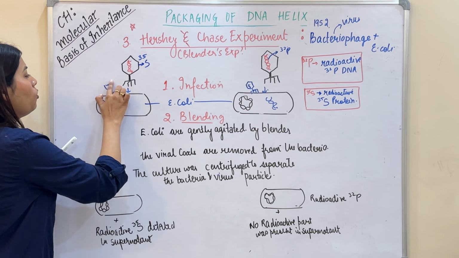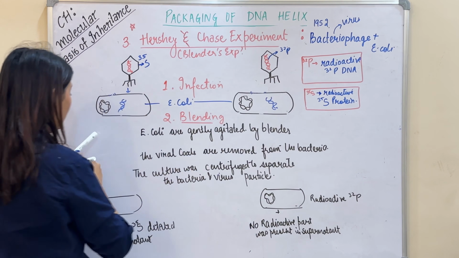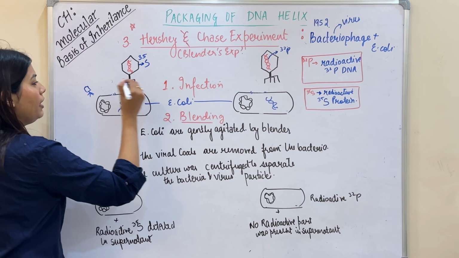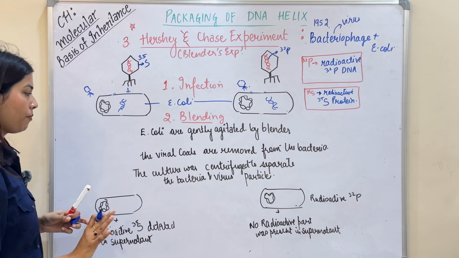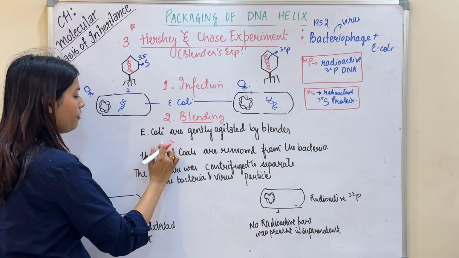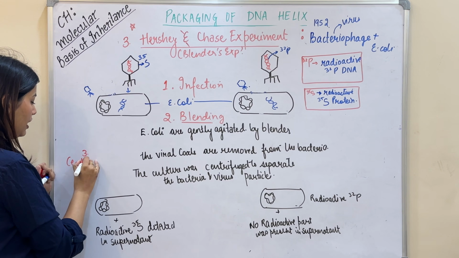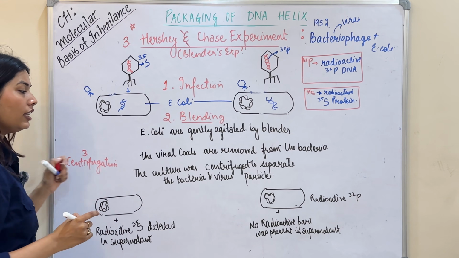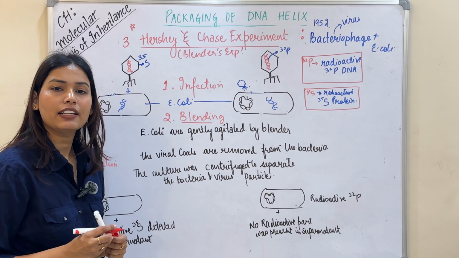So these viral coats are separated from the surface of the E. coli and will now be present only in the suspension. The third step was centrifugation. The culture was centrifuged to separate the bacteria and the virus particles.